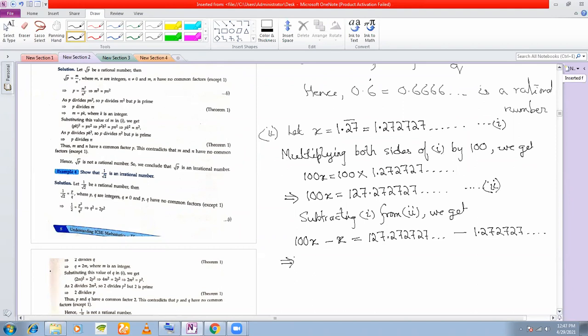So now you get 100x minus x is 99x, and 127.2727 minus 1.2727 will give you this. After the decimal, everything will become 0. You will only get 126. So that means x is equal to 126 divided by 99. So this is the required fraction.